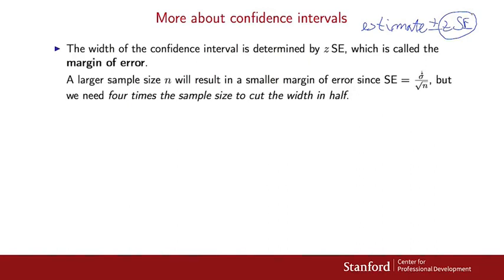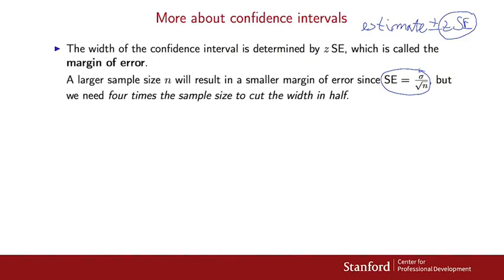So remember, the square root law says that the standard error is given by sigma over square root n. And what that means is that the width goes down as the sample size n increases. However, because there's a square root there, that means that if we want to cut the width in half, we need 4 times the sample size. And likewise, if we wanted 1/10 of the width, we would need 100 times the sample size.